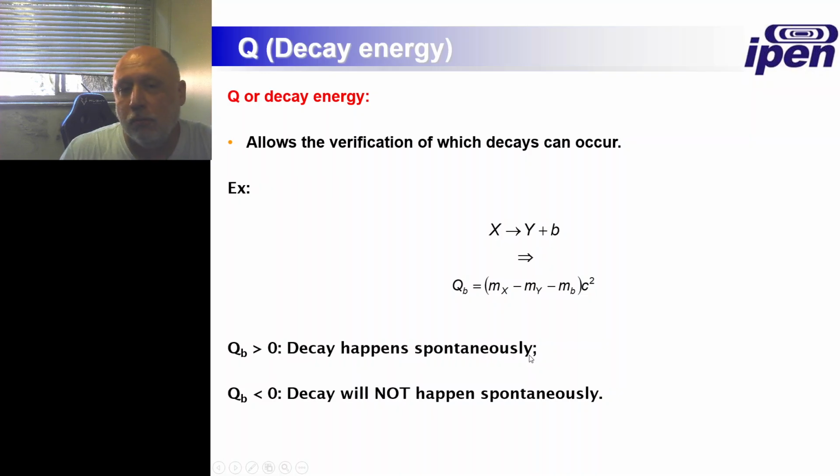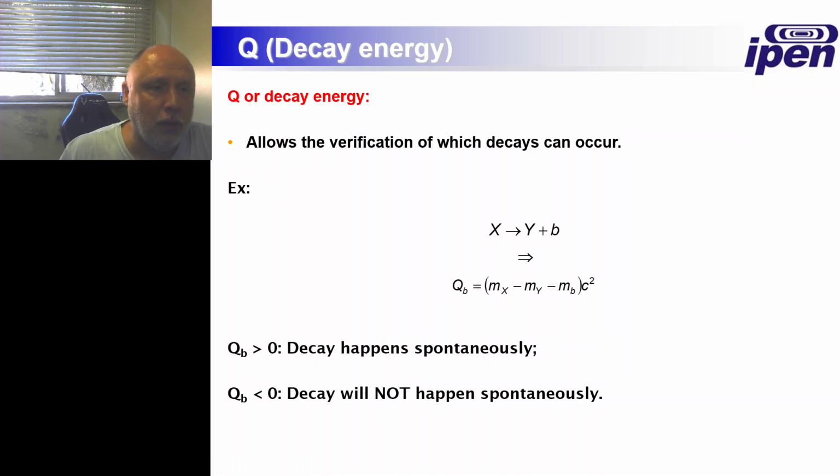This decay happens because that's what decays are bound to do, to reduce the mass and release energy. But if this guy here weighs less than the sum of these, remembering there's the electrons to take care of and everything, just talking about the nuclei here, then the mass has increased, so we are not releasing energy.